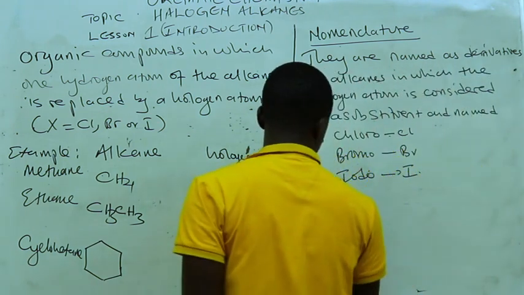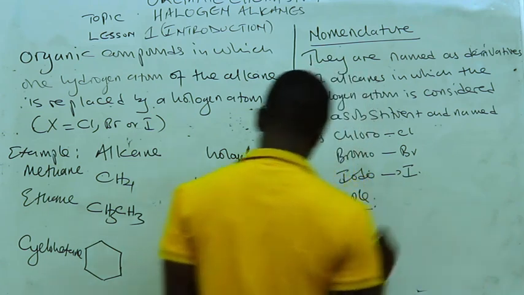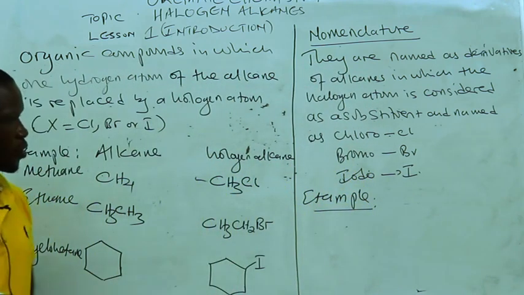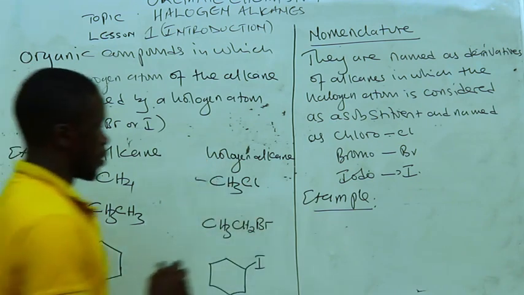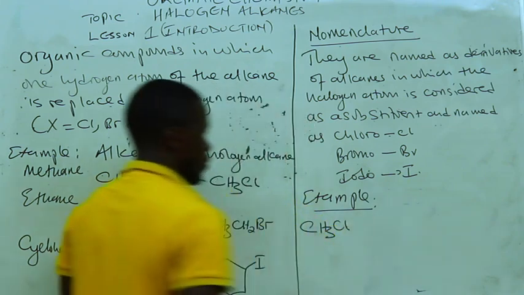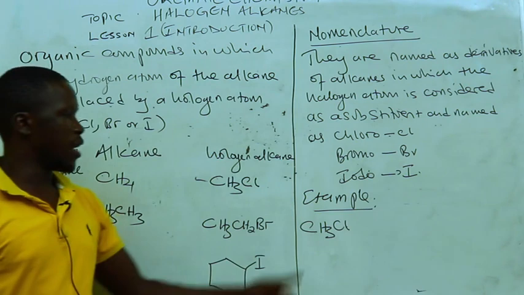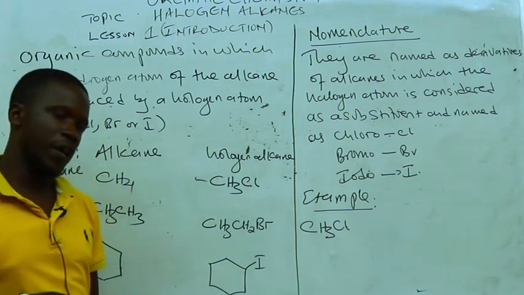Example. If we look at these first two here, this one is CH3Cl. The alkane with one carbon atom is called methane.